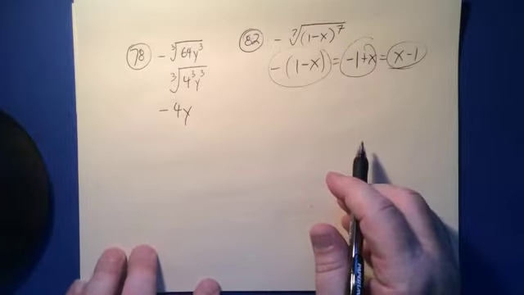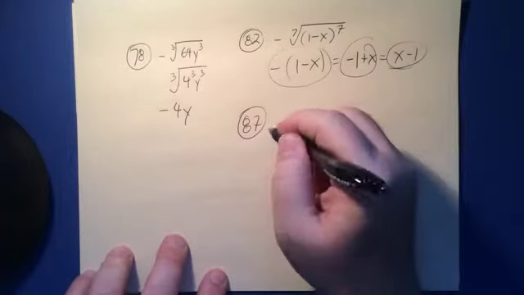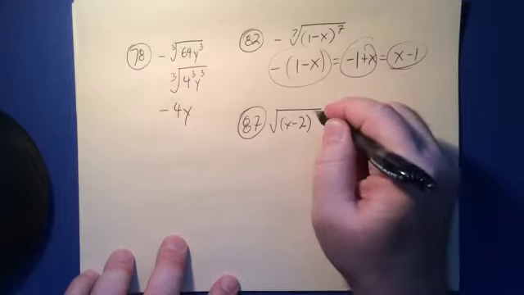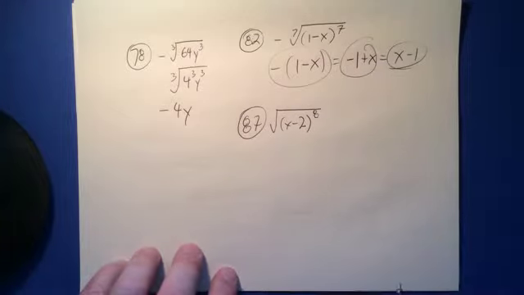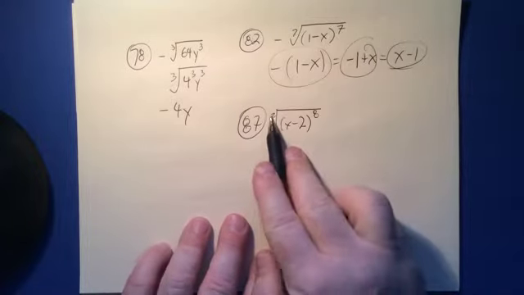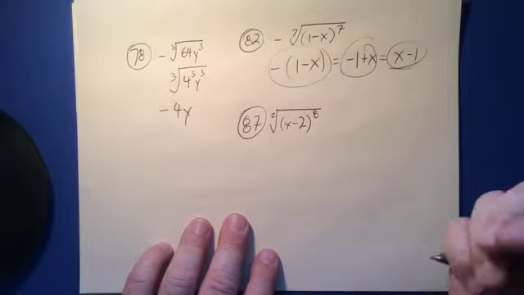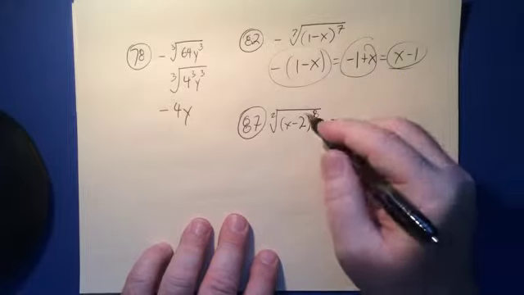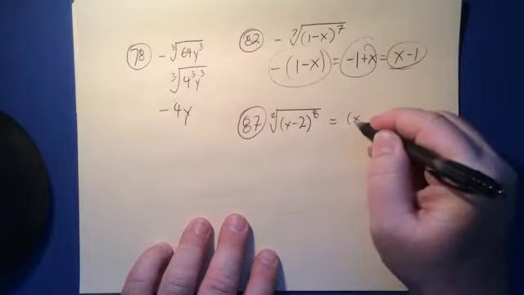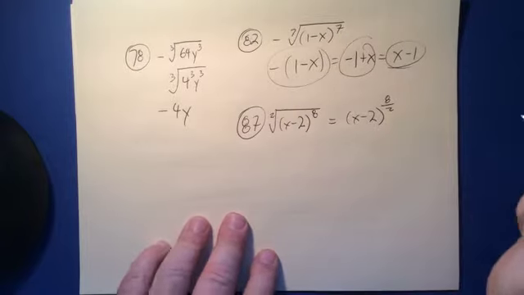Okay, I'll show you just one other question here, number 87. This is going to be the square root of x minus 2 to the 8th. So when you're looking at this, if you have this square root here and you have this 8 here, the quick way to do this very simply is to take the exponent divided by the root. So you're going to have x minus 2 to the 8 over 2.